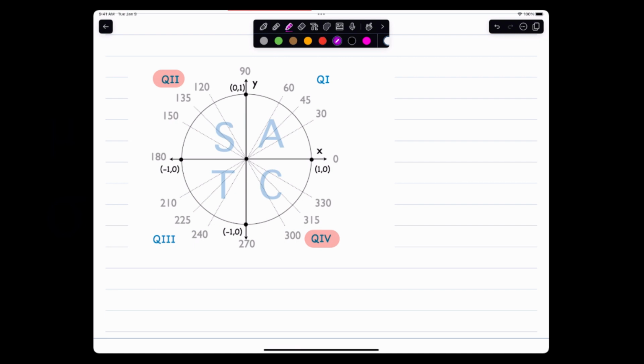So, ladies and gentlemen, this is again my point to you. What you guys did in the past, this is the reference angle. This is your reference angle.